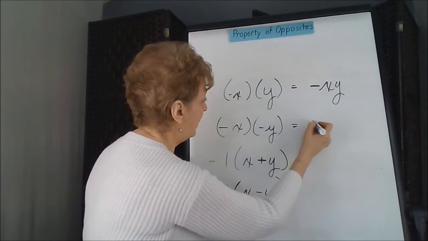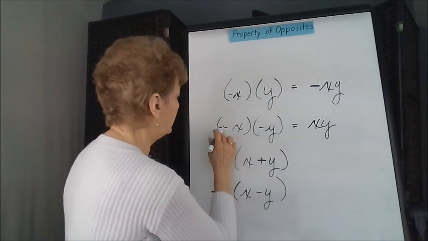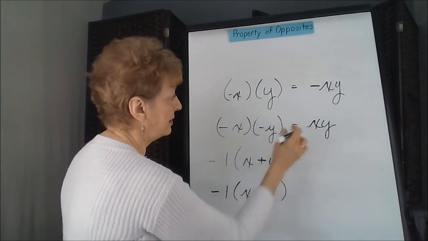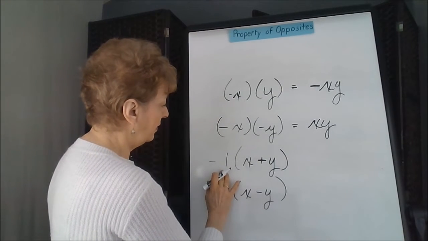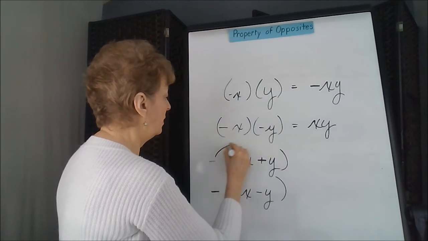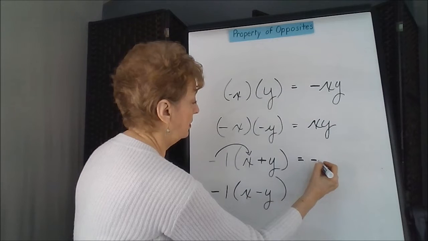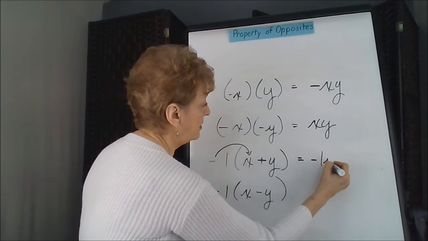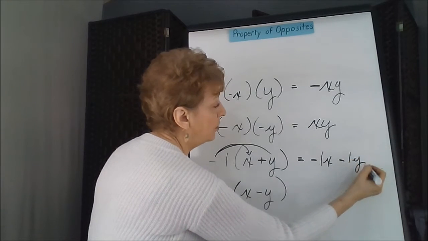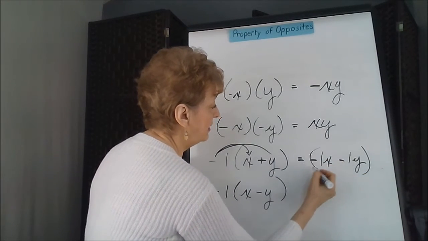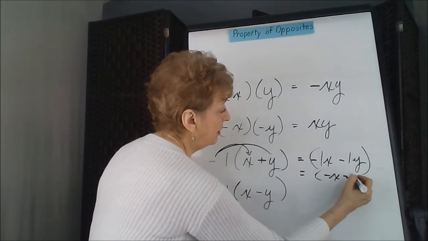That becomes positive xy, because two negatives make a positive. In this case, you might see it with a -1 outside of the parenthesis. It's distributed as a -1x and a -1y, which translates into -x, -y.